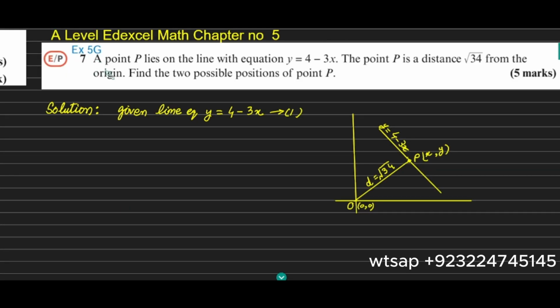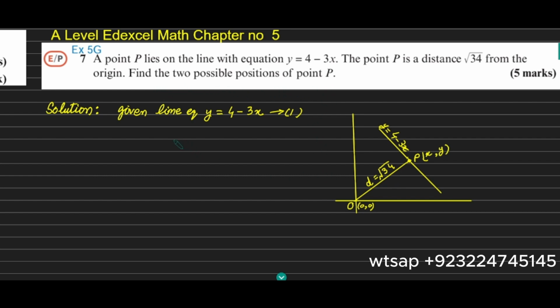Exercise 3G question 7. A point P lies on the line with equation y equal to 4 minus 3x. As this is the line and here is the point that lies on the line, say point x, y. Point P is a distance square root 34 from the origin. We have to find the two possible positions of the point.